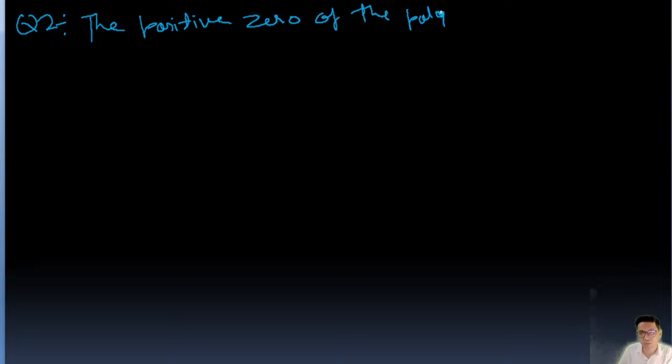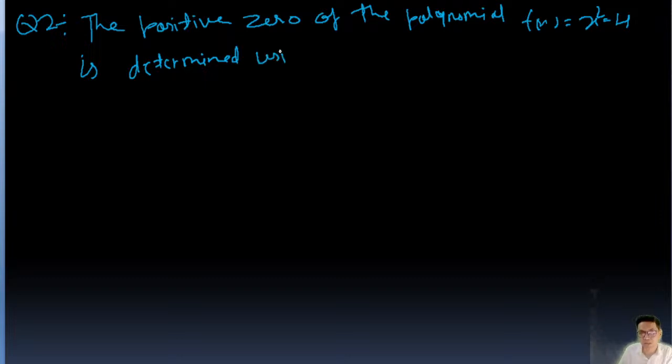Okay, positive zero of the polynomial f(x) equal to... the polynomial is determined using Newton-Raphson method.